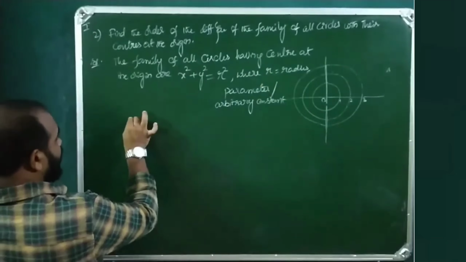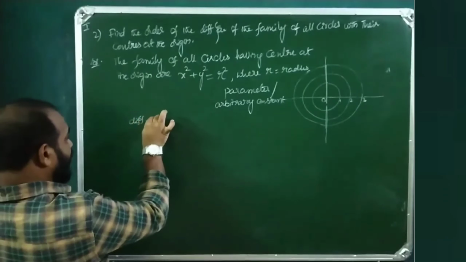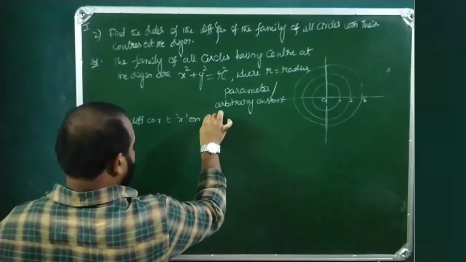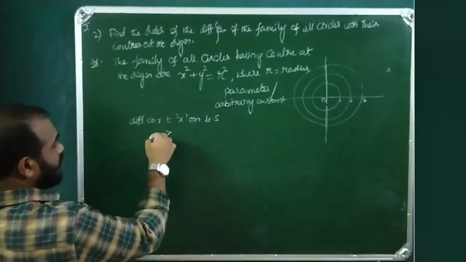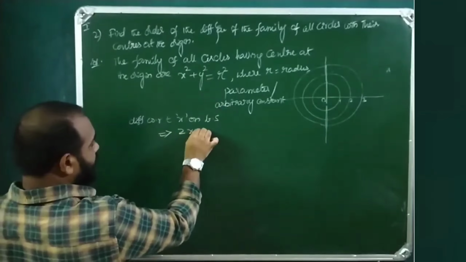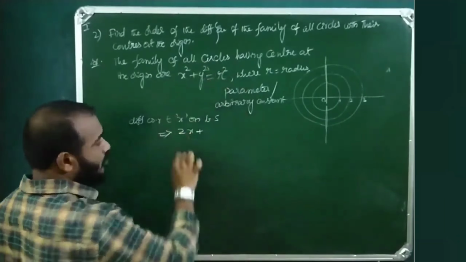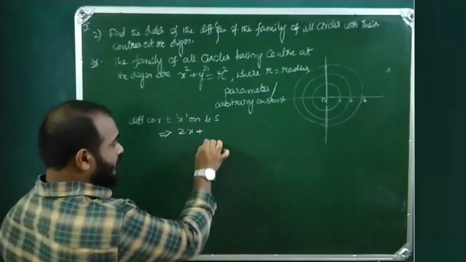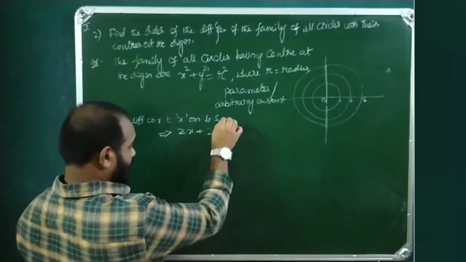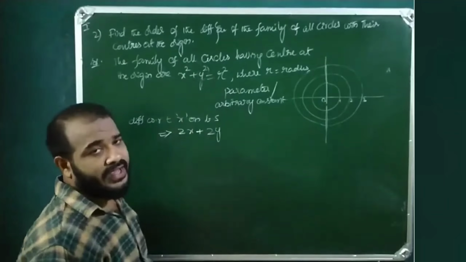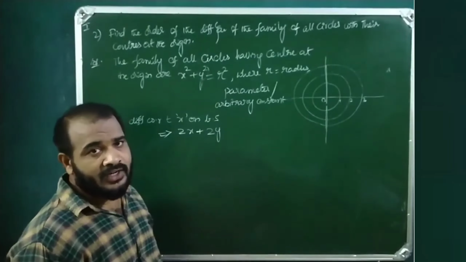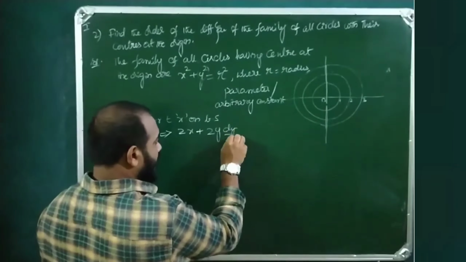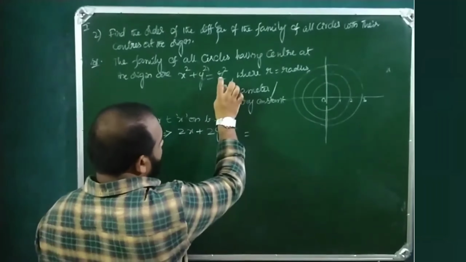So differentiating with respect to x on both sides. d by dx of x square is 2x. For y square, the derivative we don't know, but if you treat y like x, d by dx of y square is 2y, and since y is a function of x, we need to differentiate y with respect to x, so dy by dx. d by dx of r square equals 0, since it's a constant.